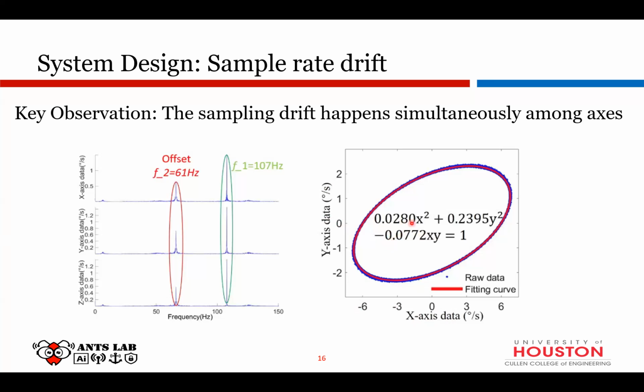So we can conclude that this sample rate drift occurs simultaneously on each axis. So we can use this property to eliminate the unknown impact from the sampling rate drift.